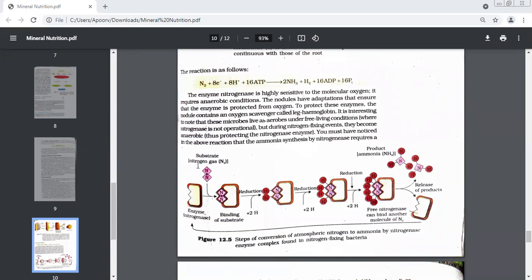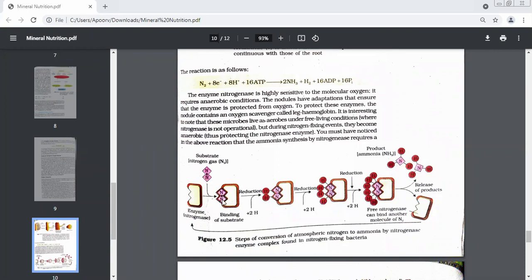Now, who's going to come and bind? The substrate which will come and bind with this enzyme is a molecule of nitrogen, N2. What is the substrate? What is going to come and bind over here? One molecule of nitrogen. So this is coming over here.